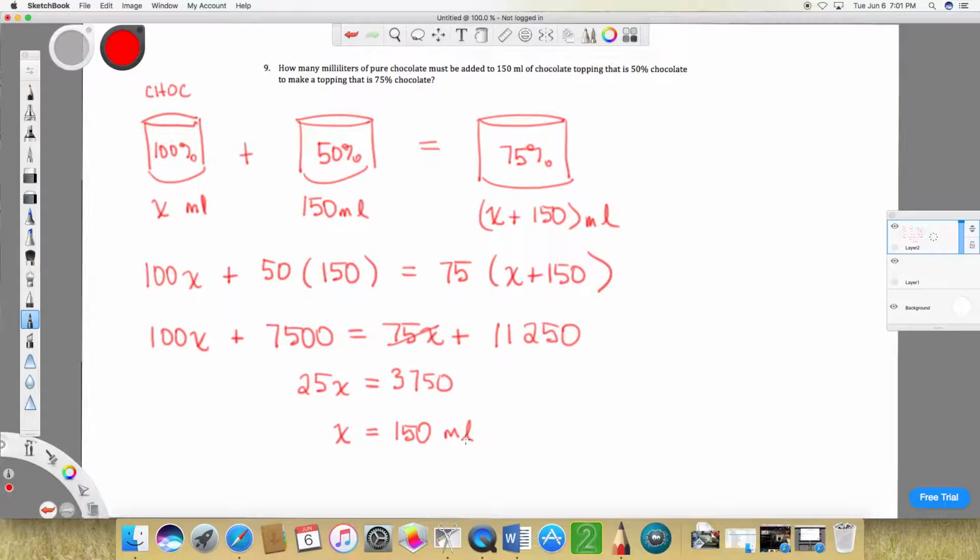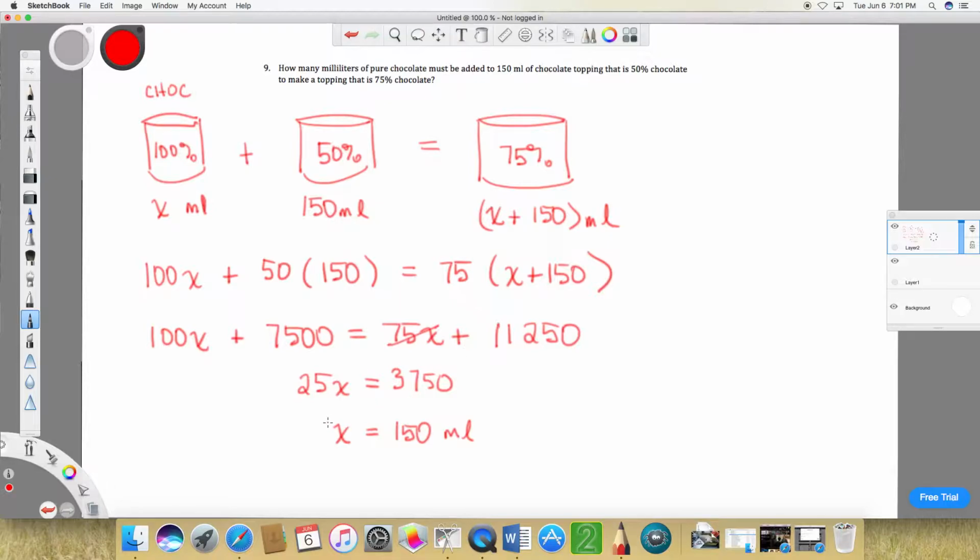Yeah, and that makes sense, because if you just look at the numbers and think about the averages, you've got pure here, you've got half here, you want the final mixture, the midpoint between 50 and 100 is 75. So I guess some people might have looked at it and just did it in their head without the equations. You want to show your work, though.